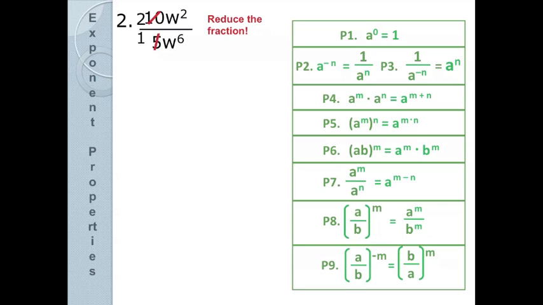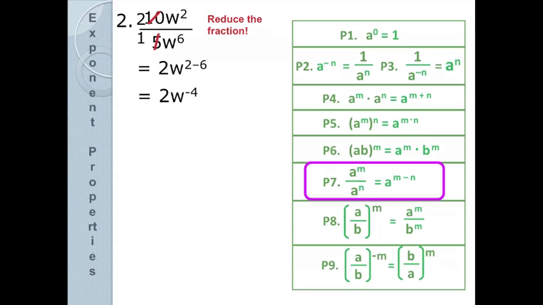Now look at the exponent properties. Notice we have property number 7. We will subtract our exponents 2 and 6, which gives us a negative 4. Notice we have 2 times w to the negative 4th. The understood denominator of a 1 does not have to be written.